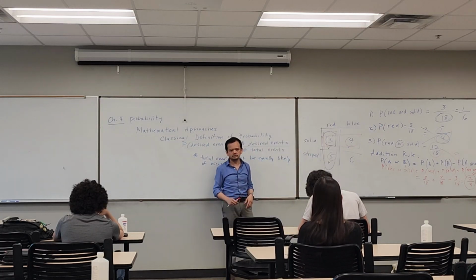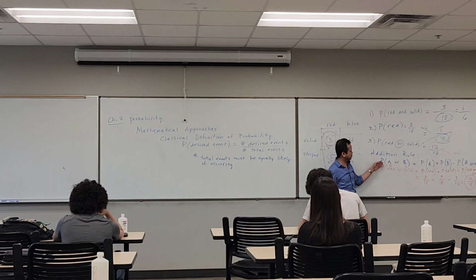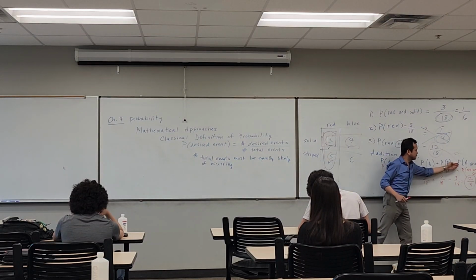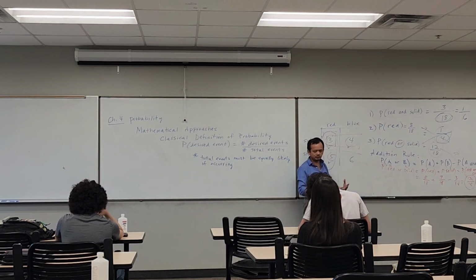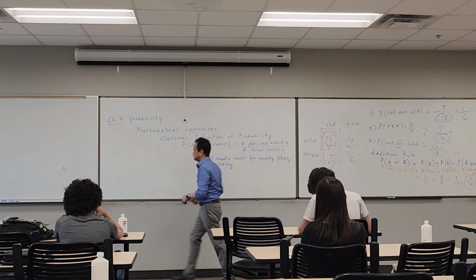Any questions so far? Okay, so that's the addition rule. Whenever you have a probability with events shown by OR, you could split the events up into separate probabilities and add and subtract. Okay, so let's look at the next example.